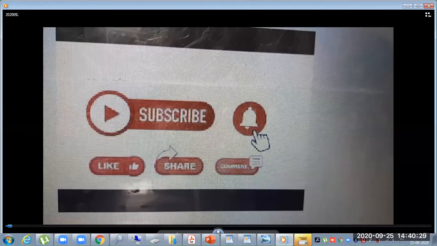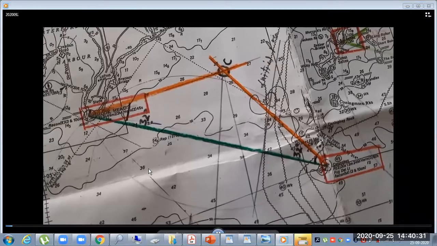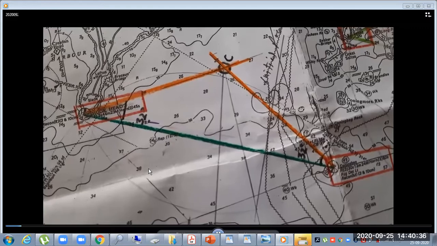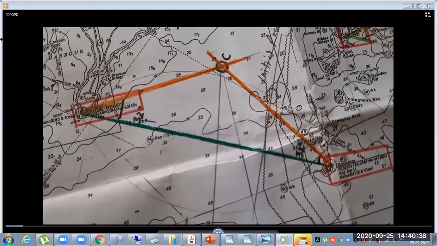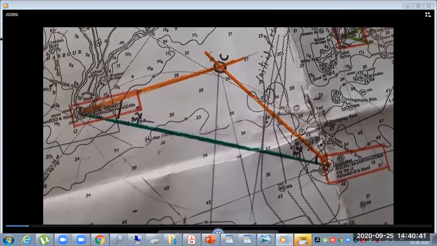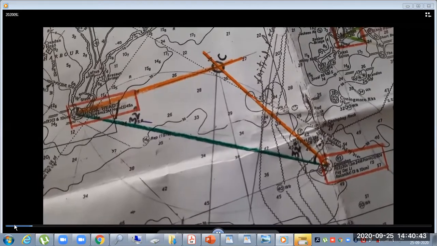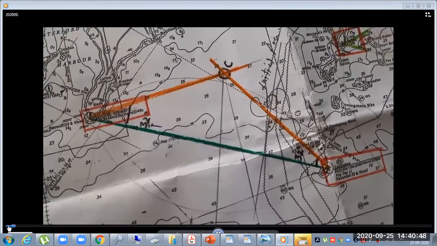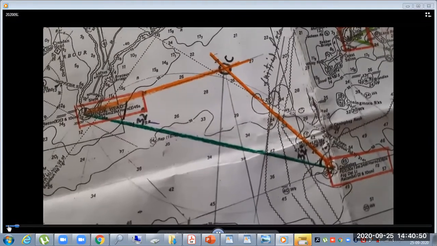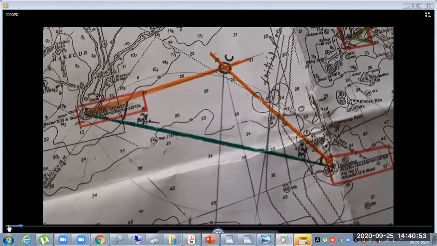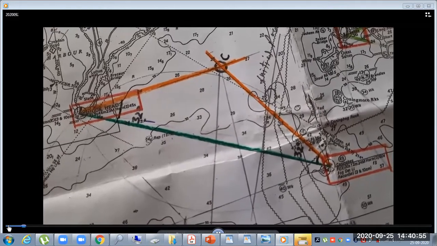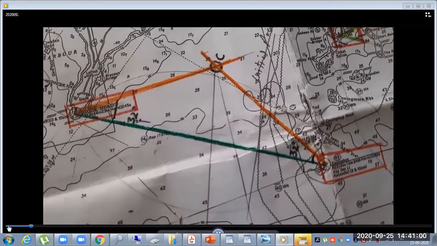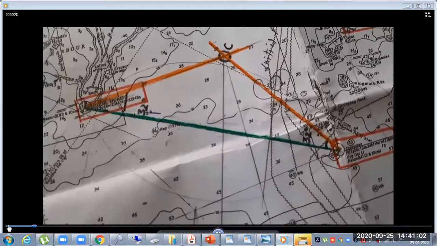So let's see how we do it on the chart. We are given the horizontal sextant angle. We are back on chart 5048, where we have Hook's Head and Coningbeg lighthouse, and we are given horizontal sextant angle 32 degrees.